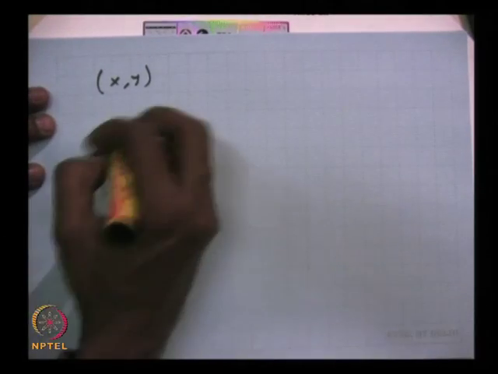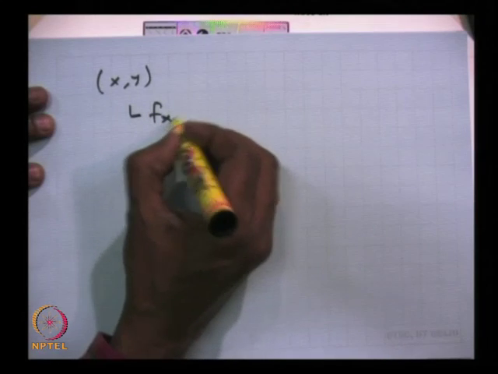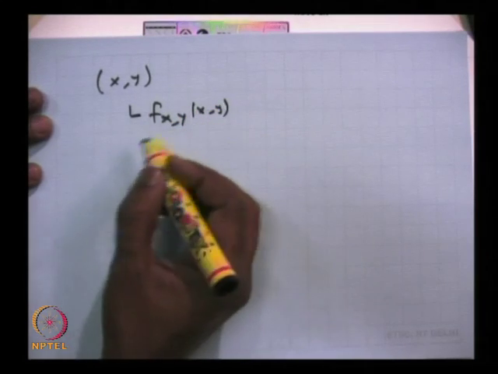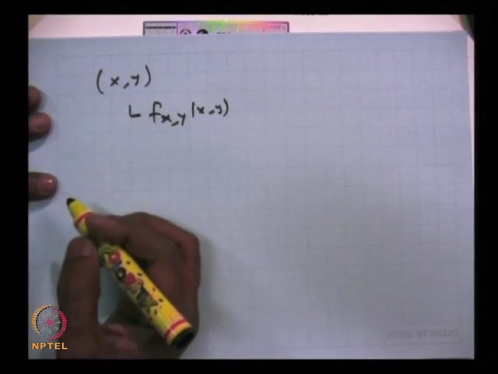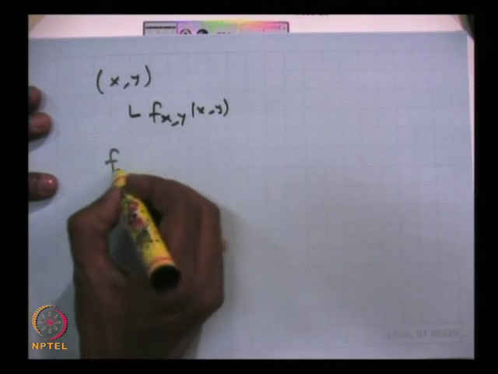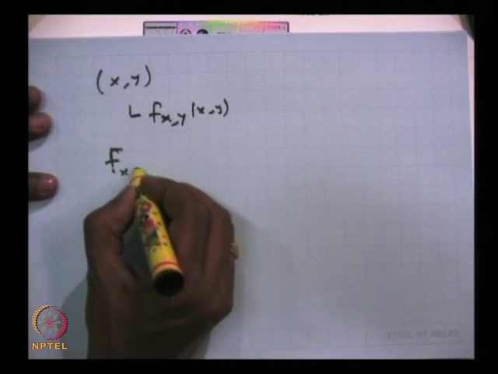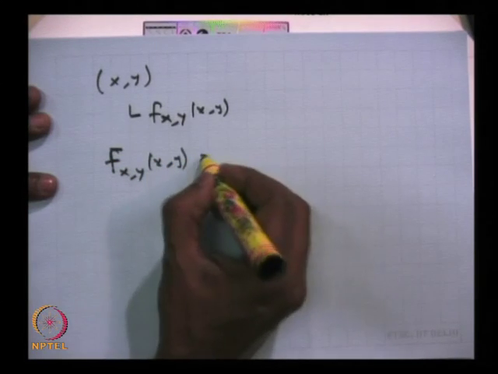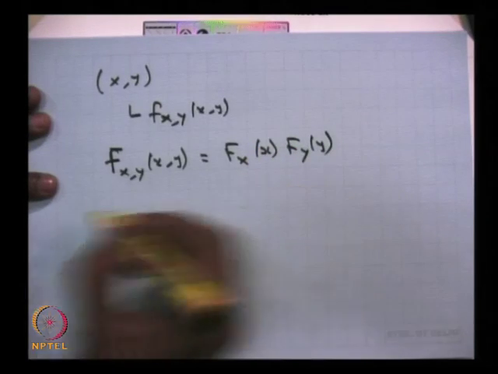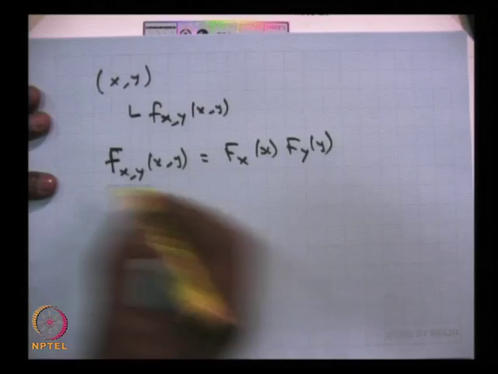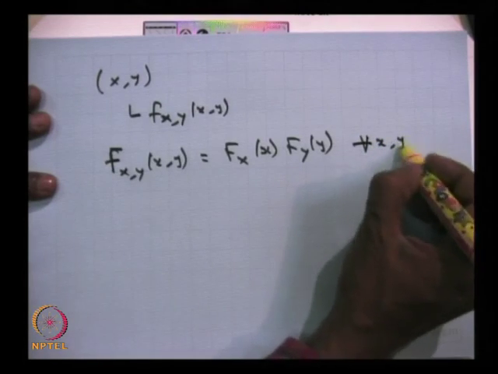Now I am going to discuss the meaning of independent random variables. Suppose you have two random variables x and y, and you know the joint probability density function or joint probability mass function, based on whether both random variables are discrete or continuous. If both the random variables are independent, then the CDF of this random vector is the same as the product of the CDFs of the individual random variables, whether discrete or continuous, and this is valid for all x comma y.